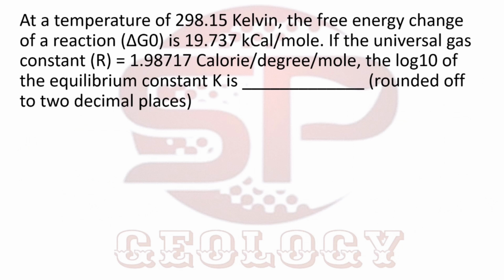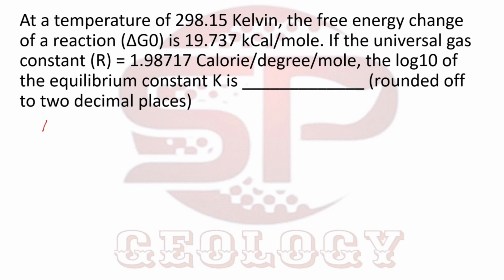And at a temperature of 298.15 Kelvin, the free energy change of a reaction, delta G0, is 19.737 kilocalorie per mole. If the universal gas constant R is 1.98717 calorie per degree per mole, then what is the log 10 of the equilibrium constant K?